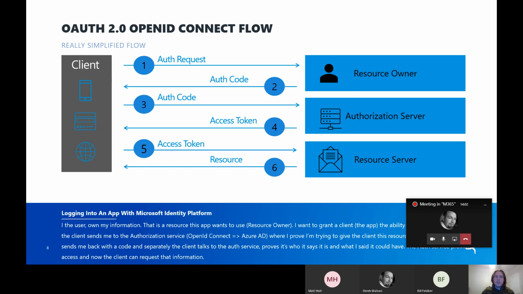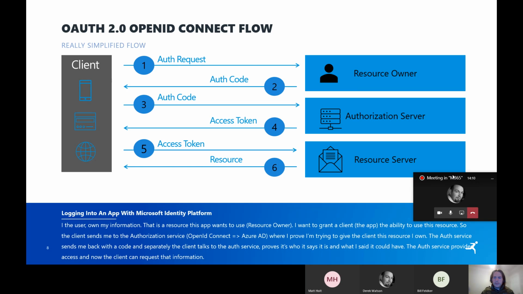It's saying, okay, we've identified who this person is based on our application's pre-existing relationship, so now I know what they can access, and I'm going to use that access token to request what I'm looking for, whether that's mail, my profile picture, or any other data that the resource owner owns. Now they're going to check that you can get it, and if you are allowed to get it, it sends that back, and if not, you get an unauthorized.